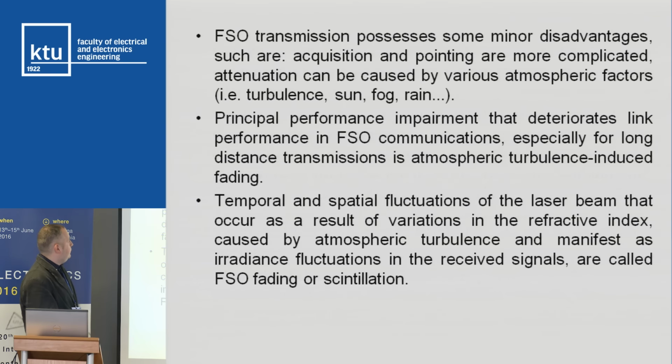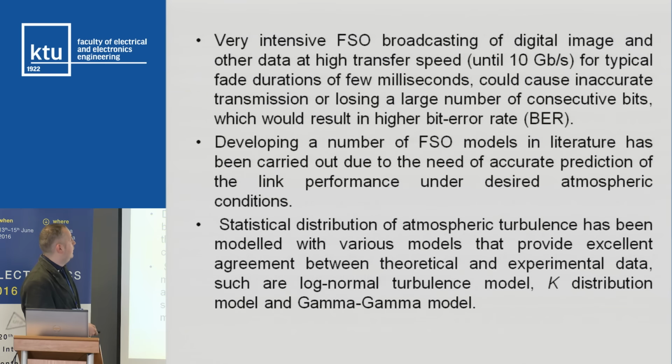And these disadvantages, as I said, are caused by turbulence, by sun, by fog, by rain, and so on. This change of irradiance and refractive index is also called scintillation.